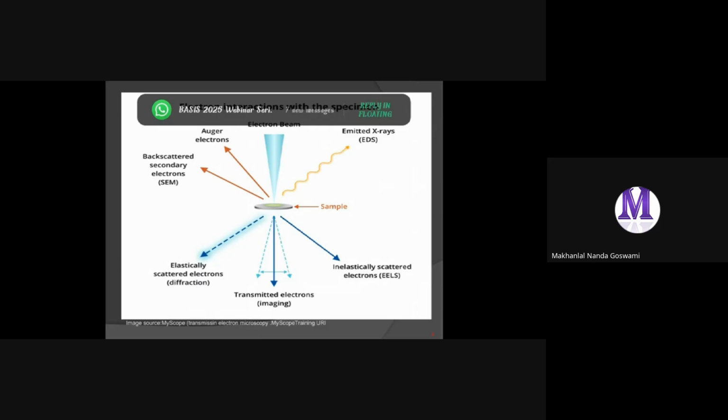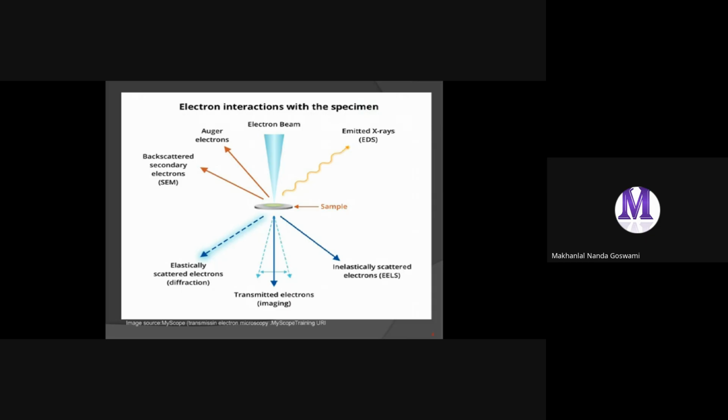Elastically scattered electrons deviate without losing energy and provide information about composition and electronic state. Some electrons appear as signals like Auger, EDS, or backscattered from the source, all contributing to a richer set of data beyond just the image. In short, we can say that multiple interaction channels exist: transmission for imaging, scattering for crystallography, and other signals for chemistry and surface properties.